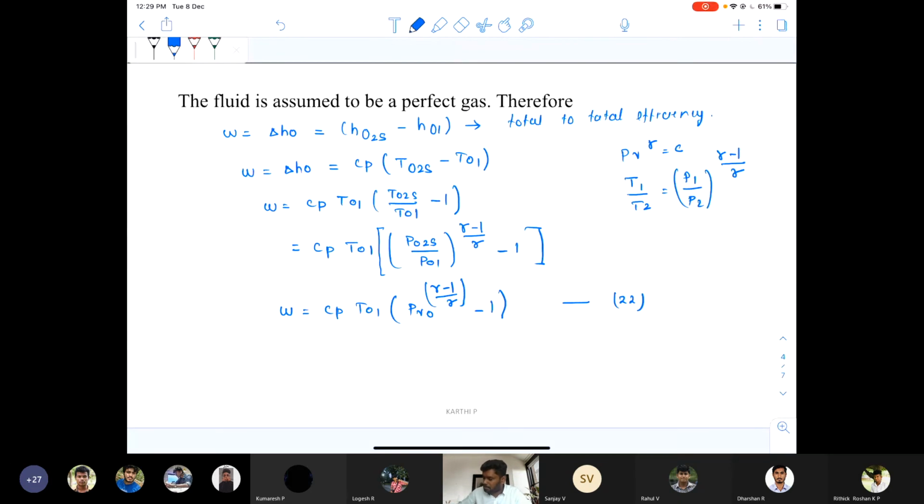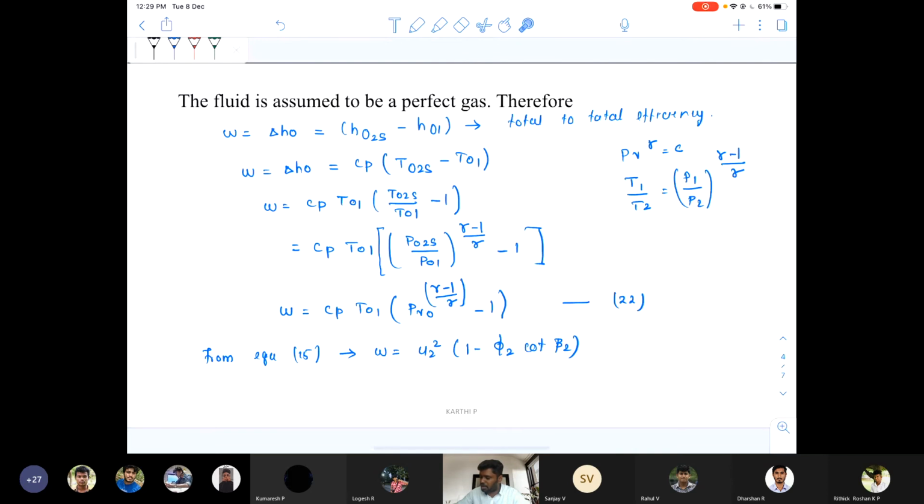Now from equation 15, which is W is equal to U2 square into 1 minus flow coefficient at the exit into cot beta 2.